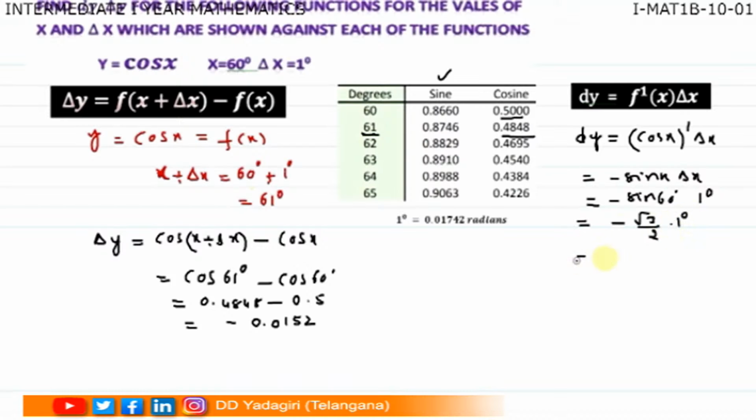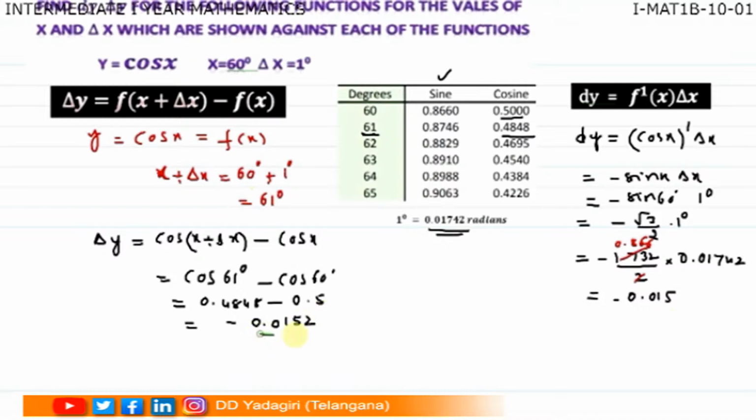Root 3 means 1.732 divided by 2, into 1 degree, which in terms of radians is 0.0174. 1.732 by 2 is approximately 0.866. So the final answer on multiplication of these two, I will get minus 0.015.